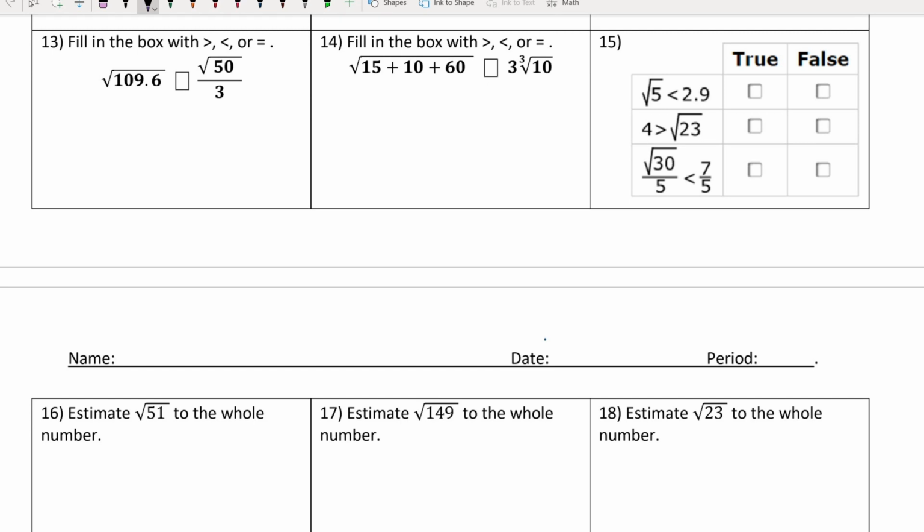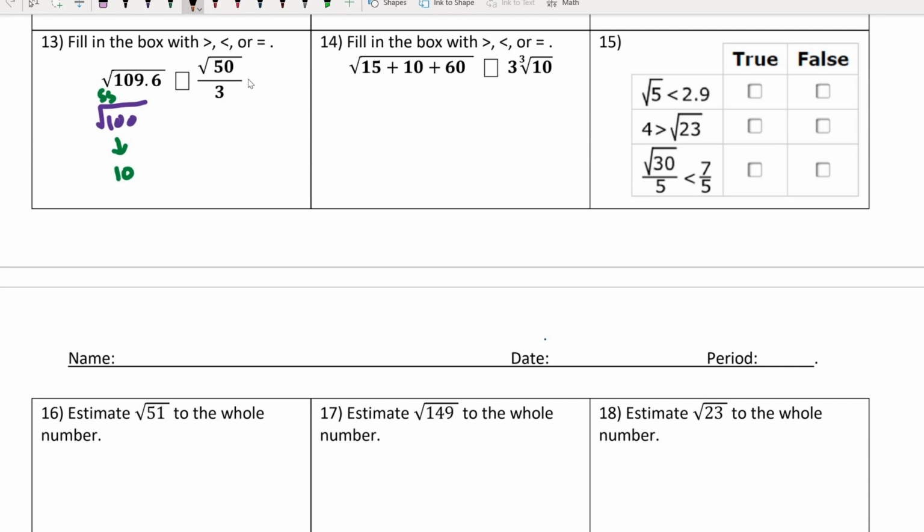We're going to round the square root of 109 to the nearest perfect square number, which is the square root of 100, because the next number will be the square root of 121. 109 is closer to 100 than 121. The square root of 100 is exactly 10.